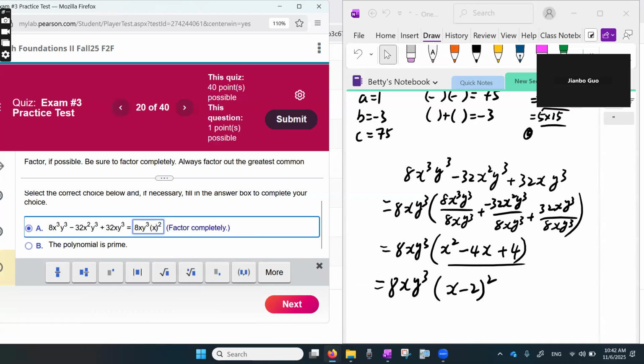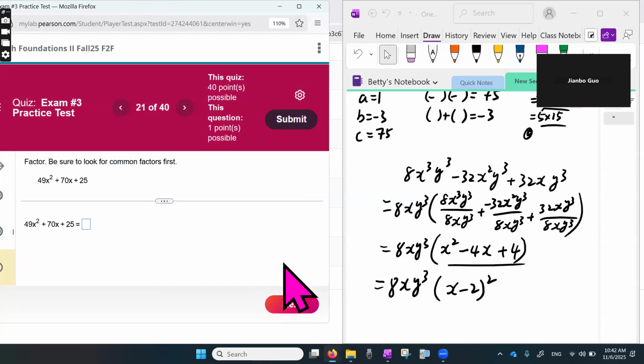Inside the parentheses is x minus 2. Okay, double check: 8xy cubed, x minus 2 to the power of 2. Okay, all right. So that's number 20. I'm going to see you in the next video, covering the next 10 questions.